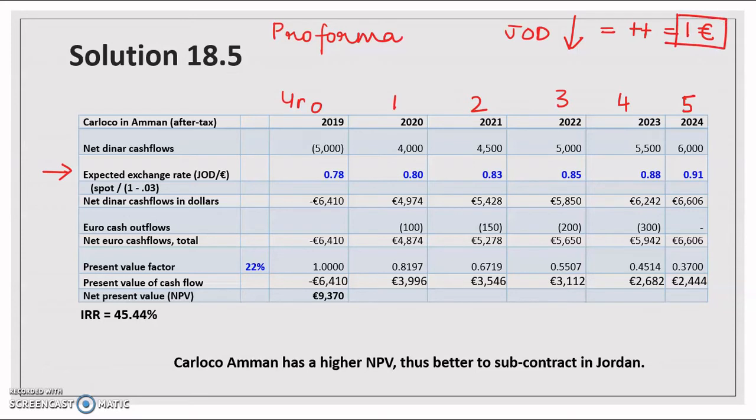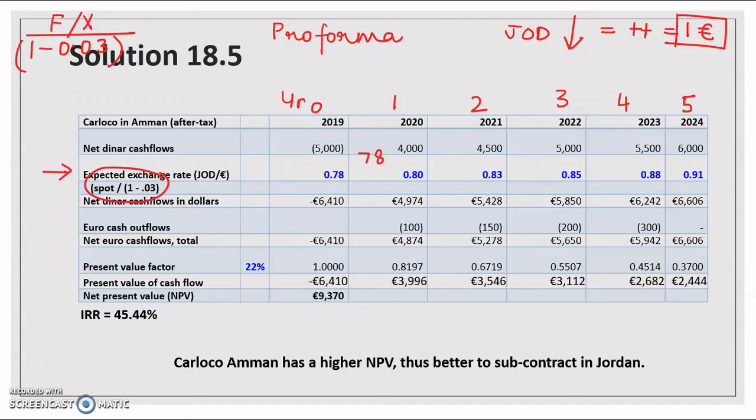So in order to do that, you will again have the same formula for depreciation, which is FX, foreign exchange rate, divided by 1 minus R, okay? 3% depreciation.